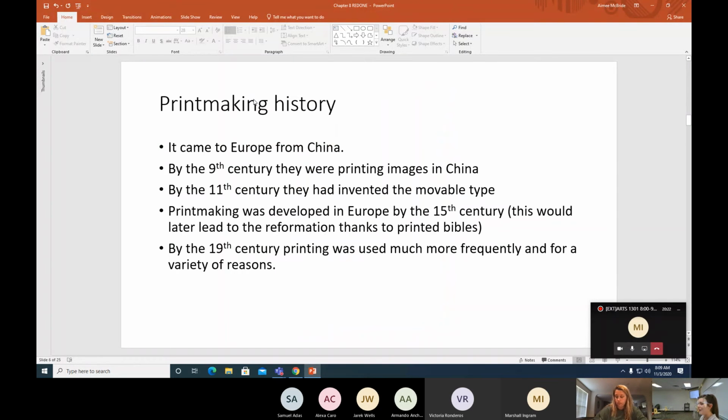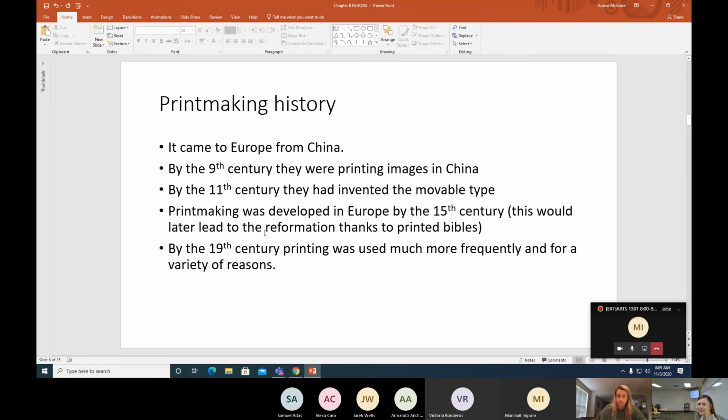So a little bit of background history about printmaking. It originated from China and then moved into Europe. Of course, we're talking about our book printing and typeset printing here. Eventually movable type is going to be created, but early printmaking was primarily used for books. By the 9th century, China was printing images with their printmaking devices.